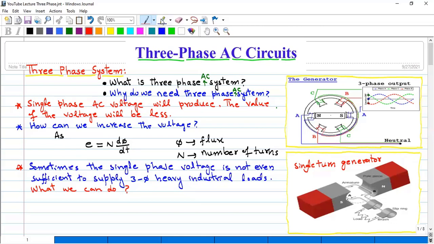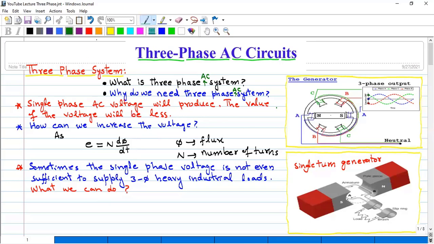The answer is, we can connect such single phase supplies in such a manner that it will give us more power to supply the heavy loads of industry.